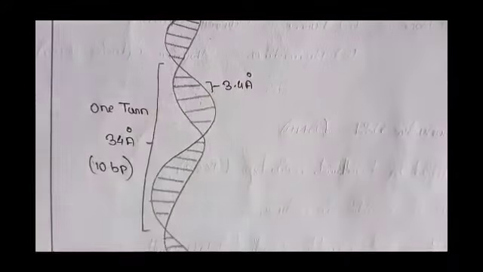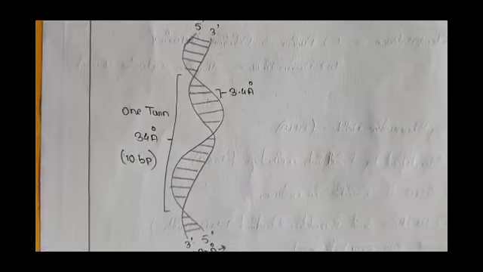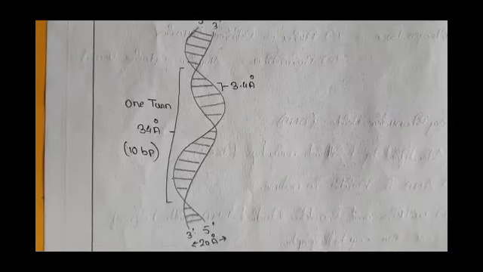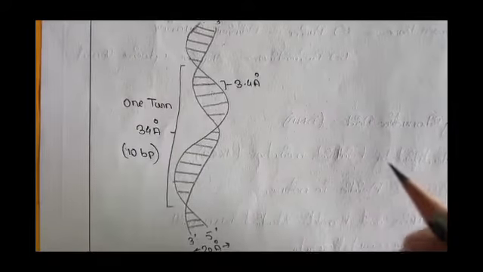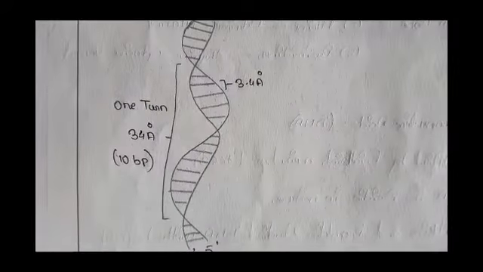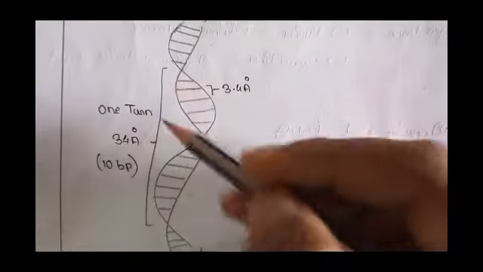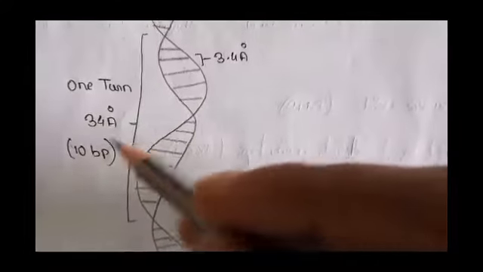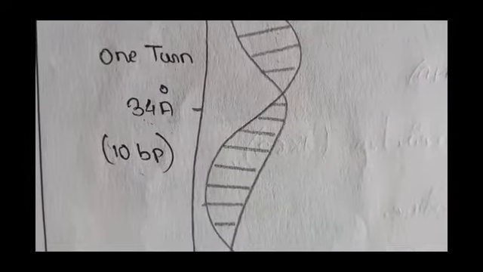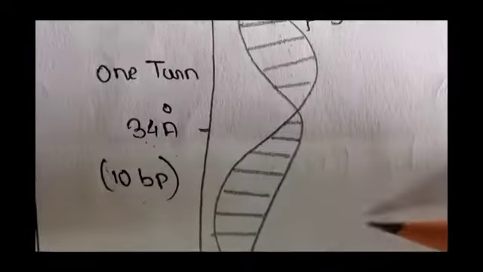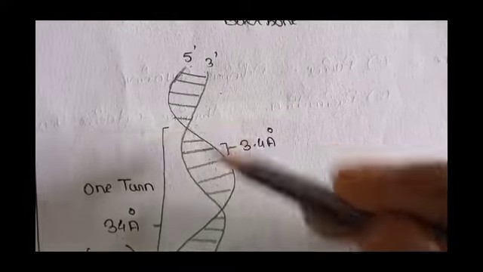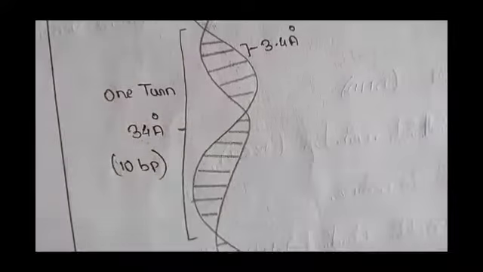The gap or distance between two nitrogen bases is 3.4 angstrom. In one turn, from this point to this point, the distance is 34 angstrom, meaning 10 base pairs are situated in one turn.